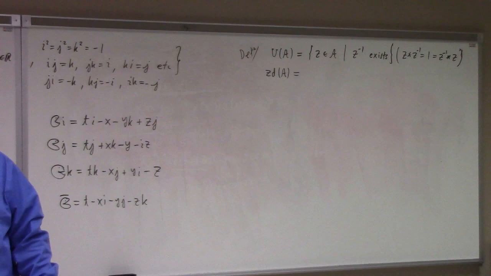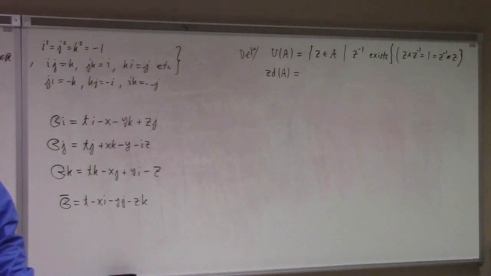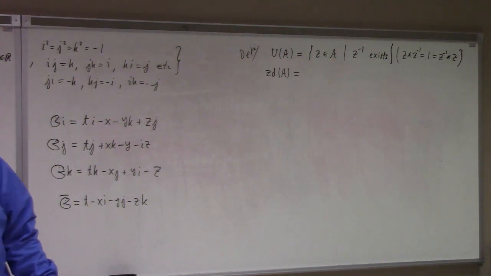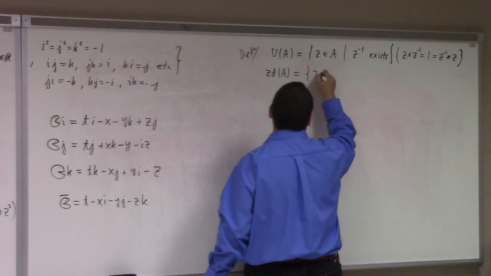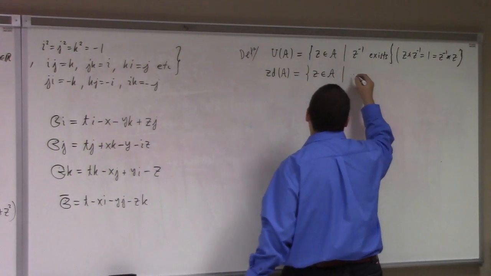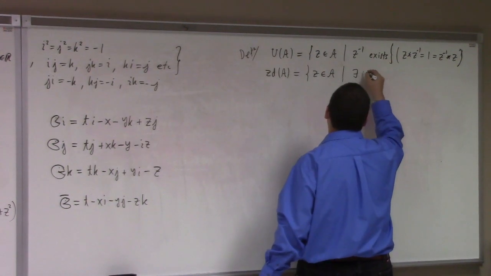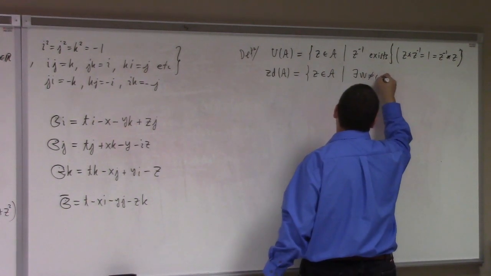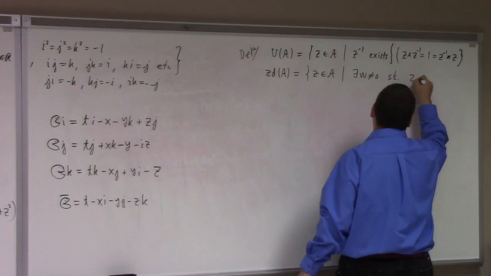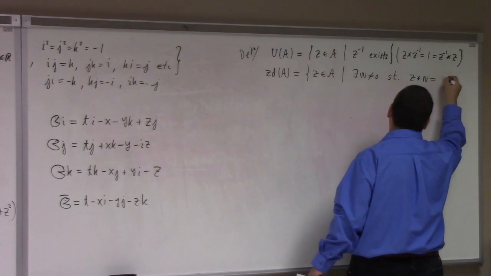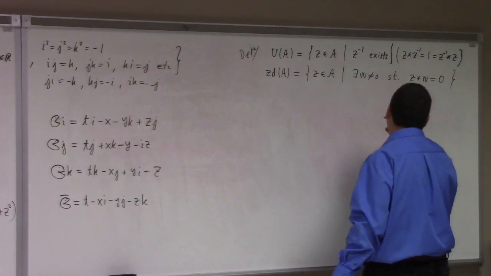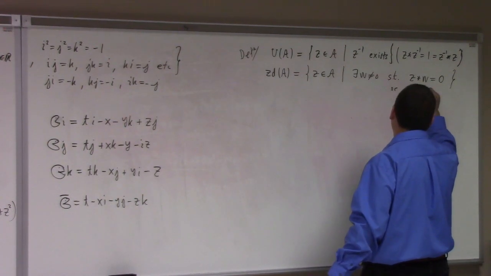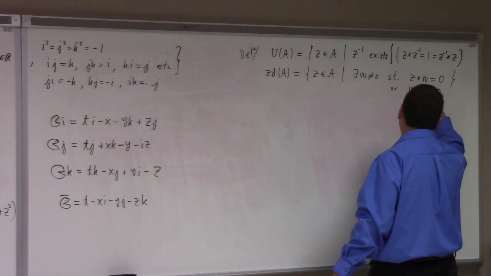But what I'm about to write, zero divisors, is a notation I made up. I can't find a standard notation, but it's a standard idea. So the zero divisors of A is the set of Z in A such that there exists W not equal to 0 such that Z times W is equal to 0, or W times Z is equal to 0.